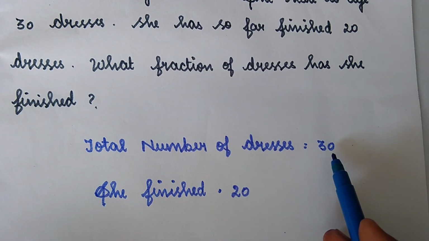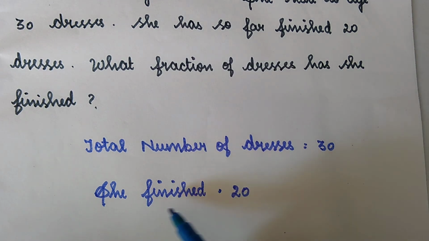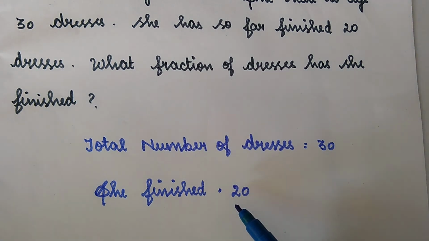Here the total number of dresses is 30. She dyed 20 dresses.